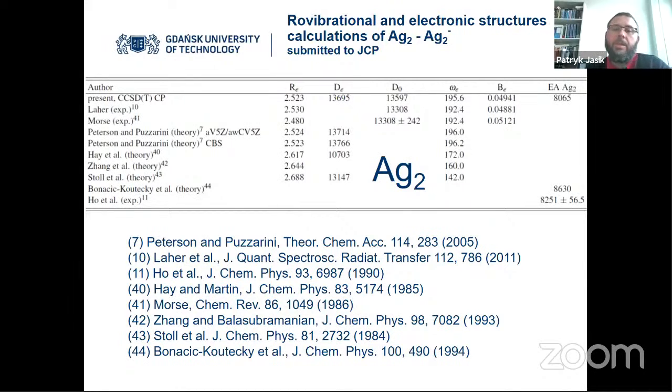It was surprising that when we look at the spectroscopic parameters of the silver dimer and especially the silver anion dimer, there is not so much data for these systems.